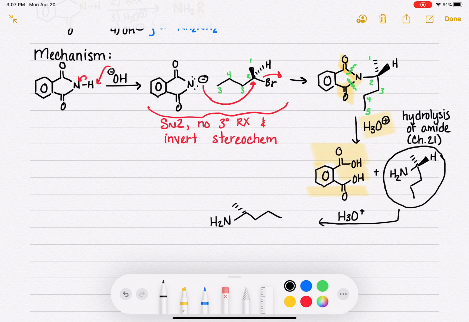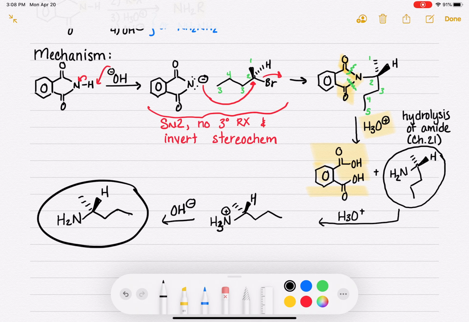That acid is going to protonate the amine because the amine is a base, and that's not the product that you want, which is why in step 4 we have to bring hydroxide in and undo that unwanted protonation, and we are just recreating that amine. 1, 2, 3, 4, 5. So there is our product.